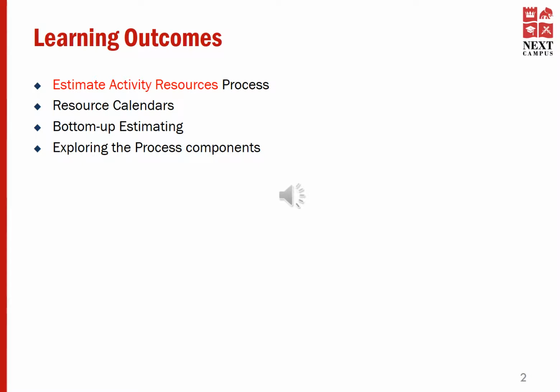Second, resource calendars, another tool that's been used in order to estimate the activity resources. Then we are going to learn bottom-up estimating, which is a widely used technique to estimate the activity resources. Lastly, we're going to explore the process components involved in this process.